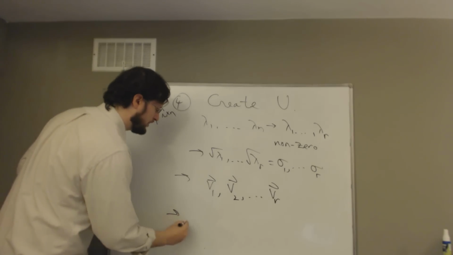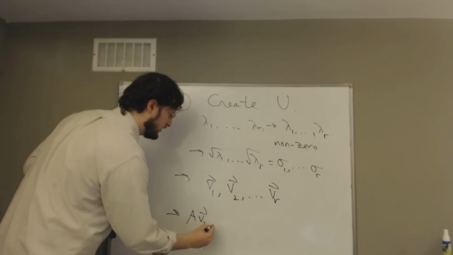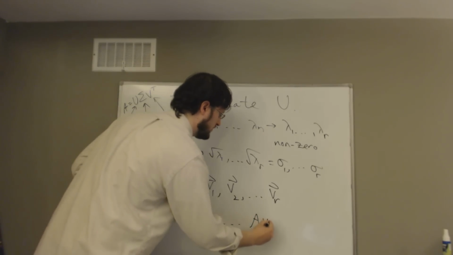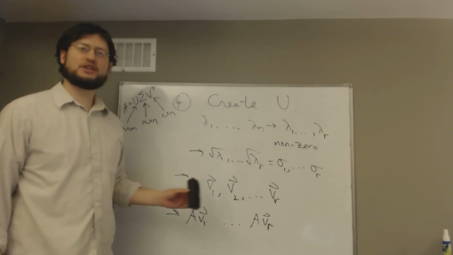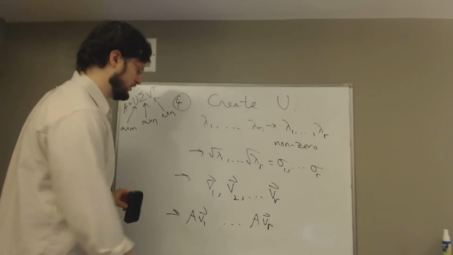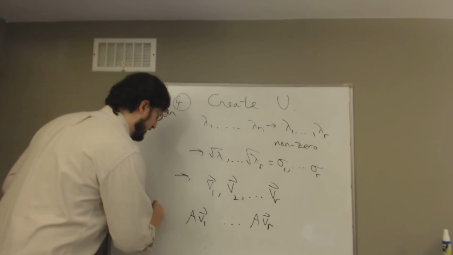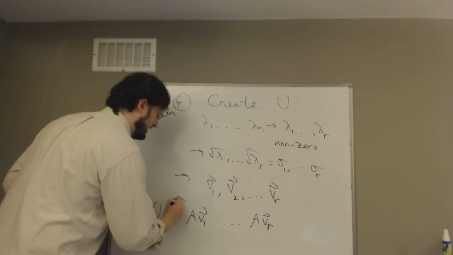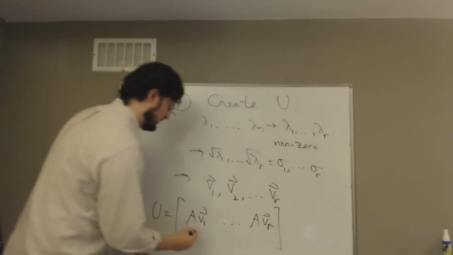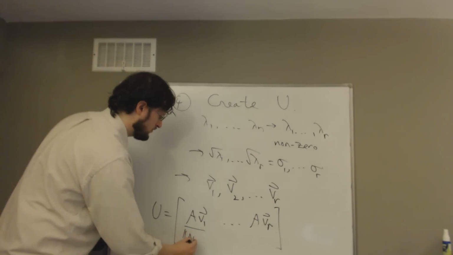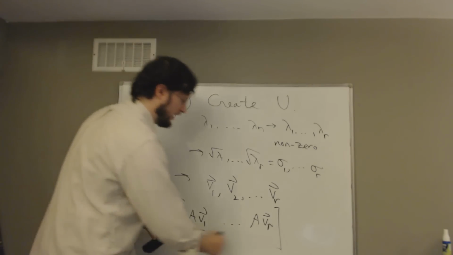And then we're going to look at Av1 through Avr, but we have to normalize them to make them unit vectors. After we do that, that is our matrix U. So we normalize by dividing by the length.